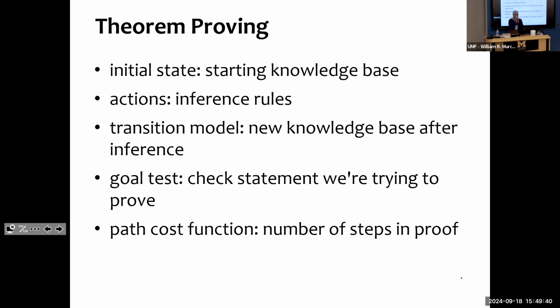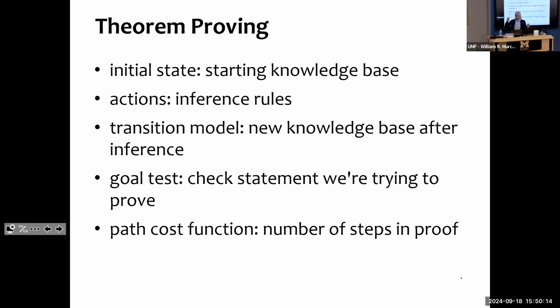The initial state corresponds to the starting knowledge base; it's not the simple agent, it's the knowledge base agent. What actions is this agent taking? I'm still calling it action, but really it's not actions, it is the inference rules that are going to be followed by our intelligent agent. The transition model corresponds to the new knowledge base after inference.